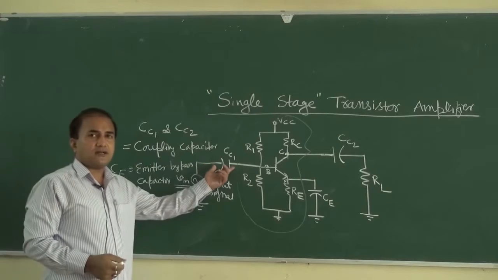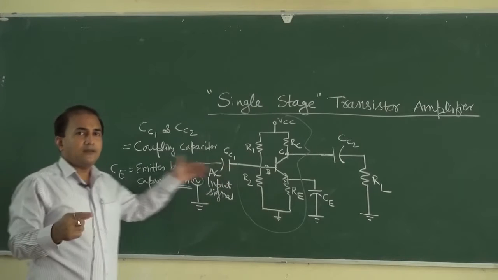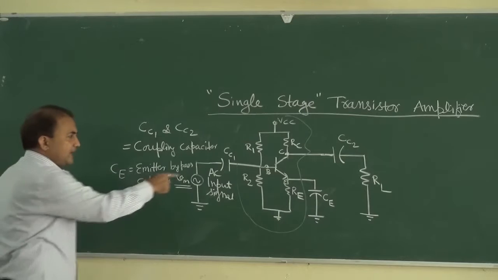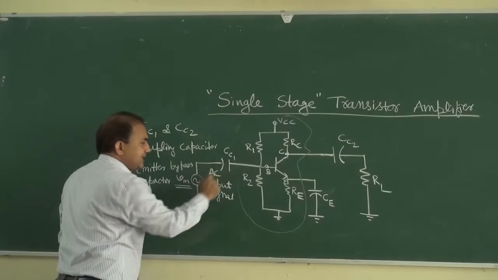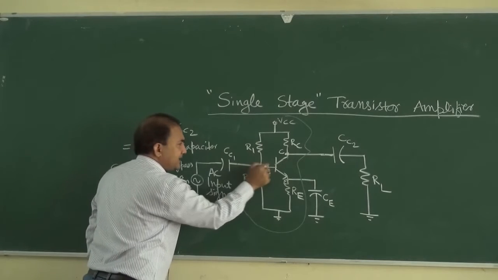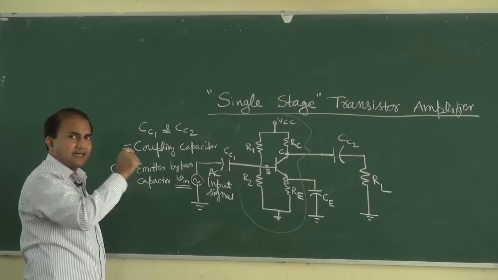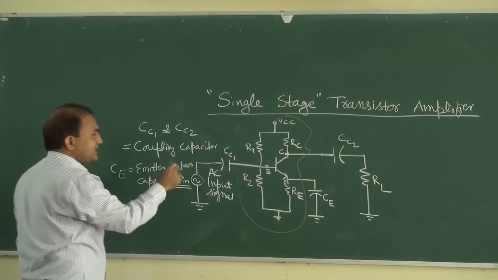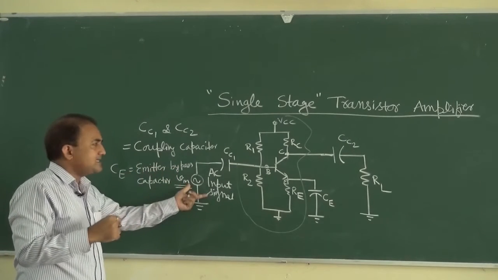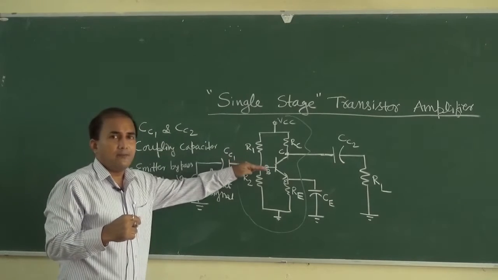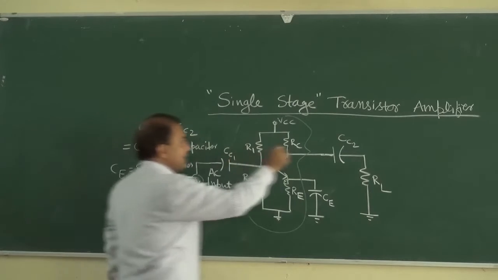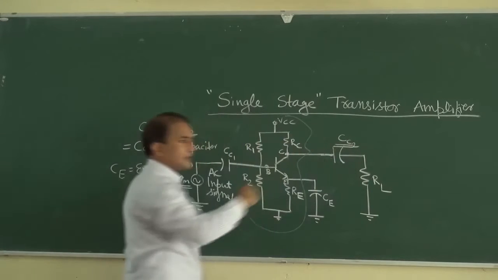So what is the function of any capacitor? It passes the AC and it blocks the DC. It will pass the AC input signal and the AC input signal will reach the base of this transistor. That is why it is also known as coupling, that is, it will couple the AC input signal to the base of this transistor. Okay, and what is the use of coupling capacitor 2?